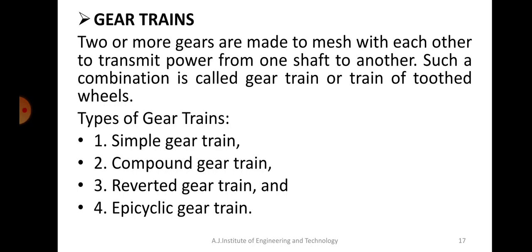Then gear A will mesh with gear B, the intermediate gear which I have added now. So A will rotate clockwise, B will start rotating anti-clockwise. Now I am connecting B with C. B is rotating in one direction, so C will start rotating in the opposite direction.